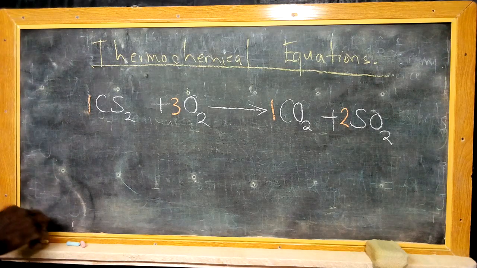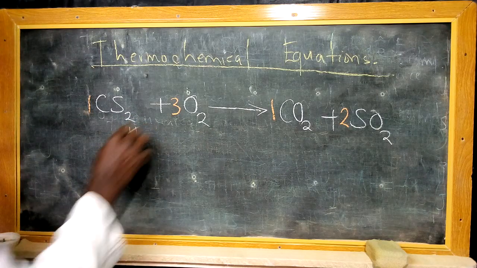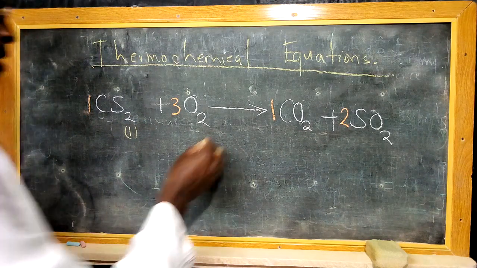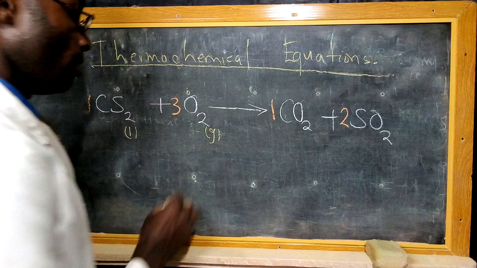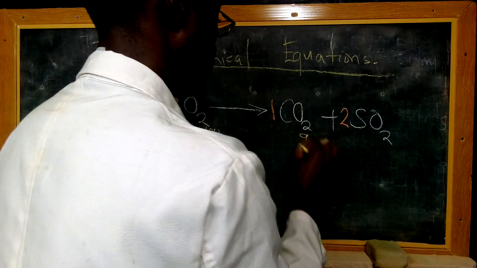It's good for us to also indicate the state of the reacting species and the products. As we said, this is very important because it has a direct relationship to the heat of reaction.